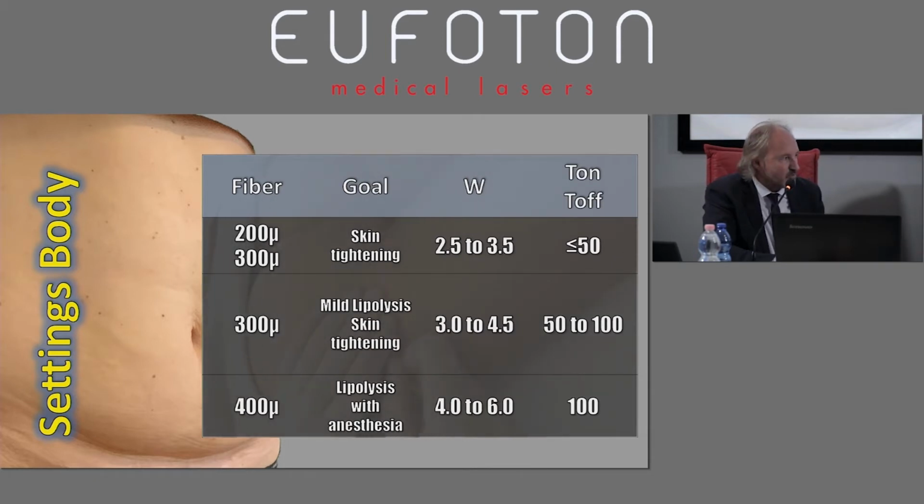Maybe 2 sessions, and we're going to treat you once again after 3 or 4 months. So we should take some break, 2 or 3 months between one session and the other, not earlier, because we have a sort of cumulative damage effect, but also some individual limits.